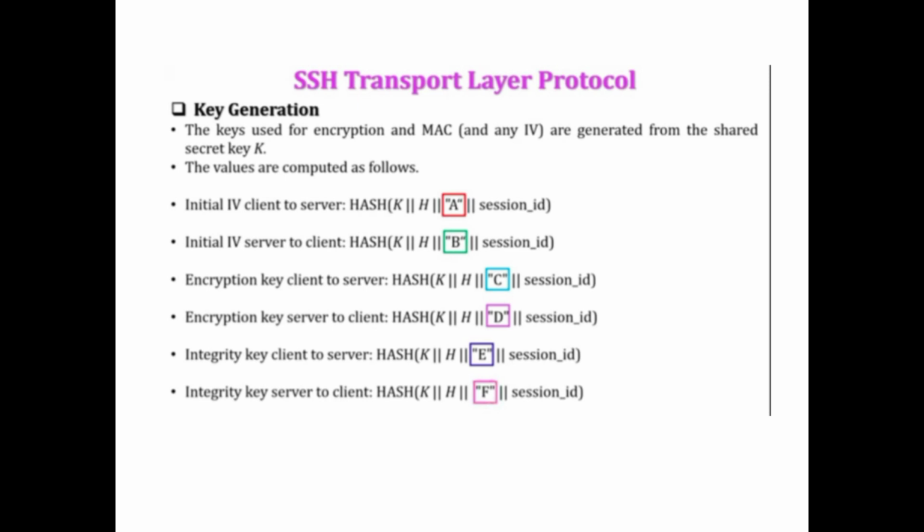Encryption key client to server: hash of K, H, C, session ID. Encryption key server to client: hash of K, H, D, session ID. Integrity key client to server: hash of K, H, E, session ID. Integrity key server to client: hash of K, H, F, session ID.